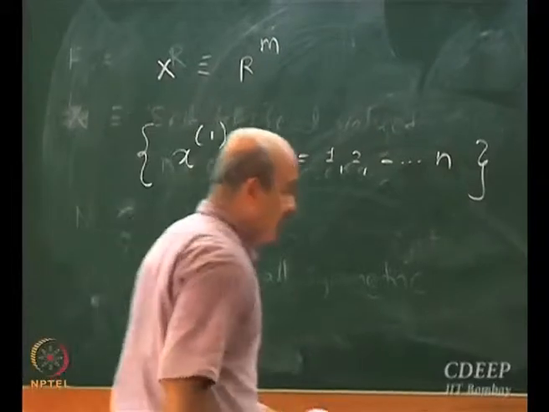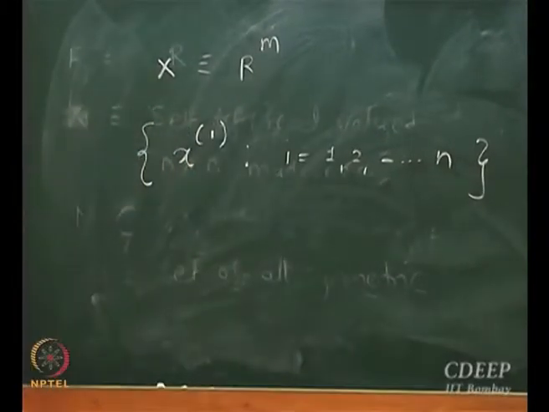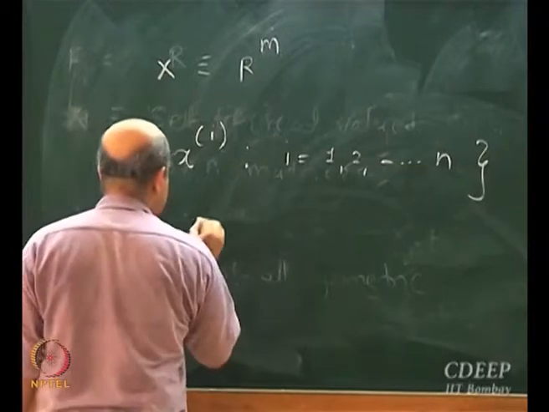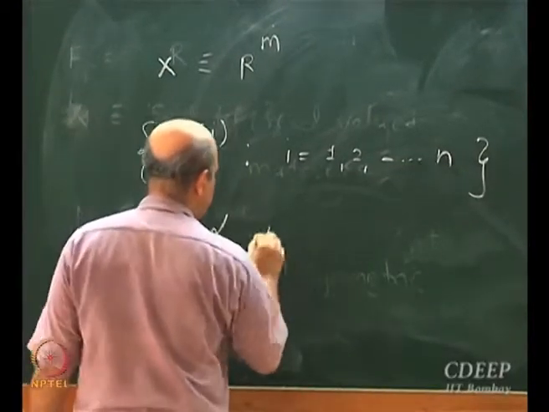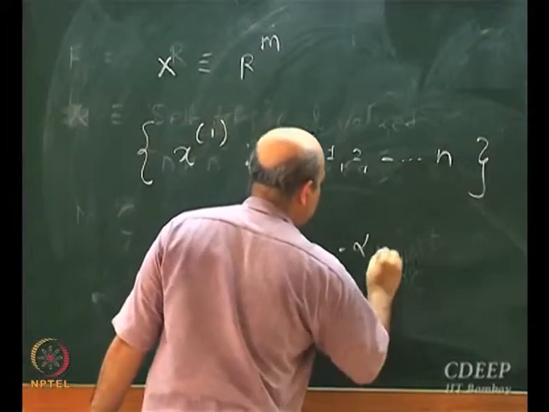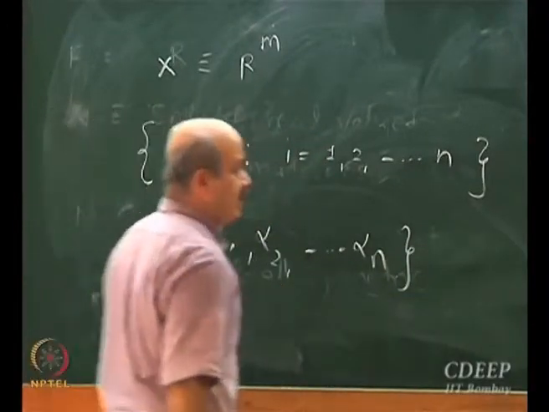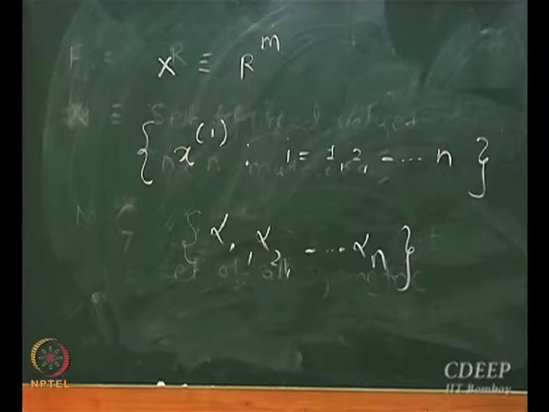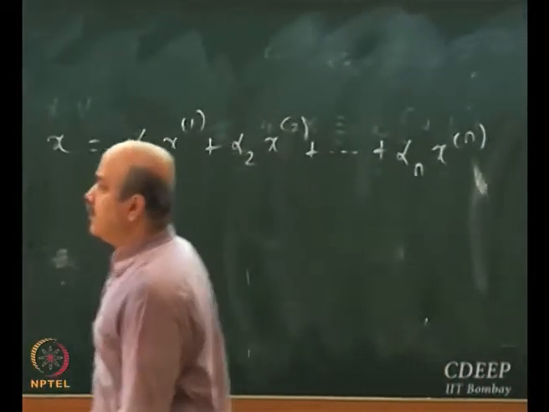Now if I choose any set of scalars, say alpha 1, alpha 2, up to alpha n, then a vector which is defined by alpha 1 x1 plus alpha 2 x2 up to alpha n xn is called a linear combination of this set of vectors.